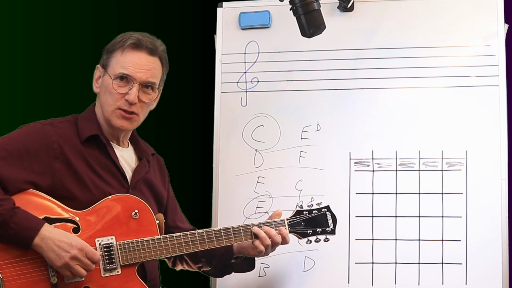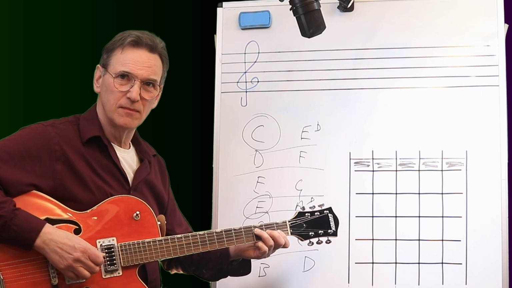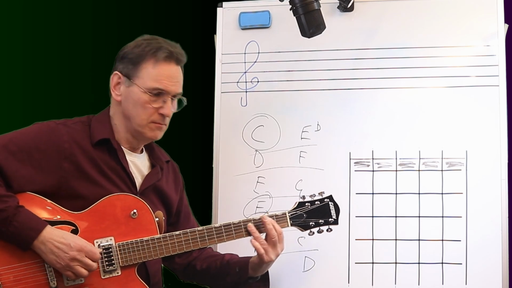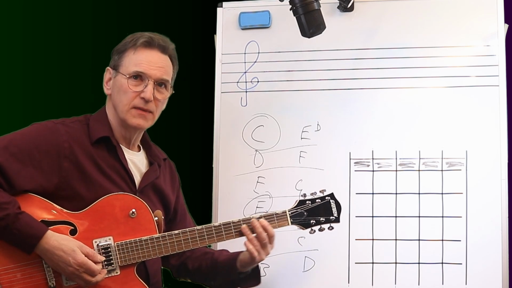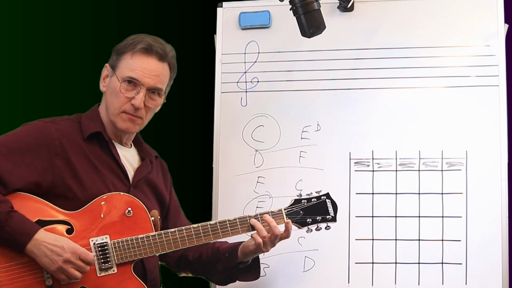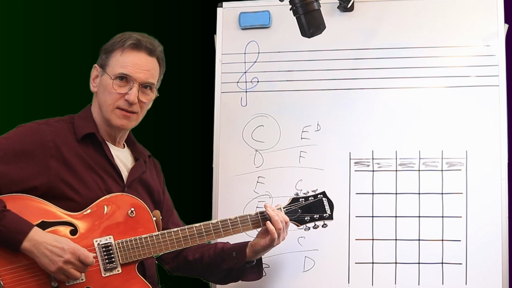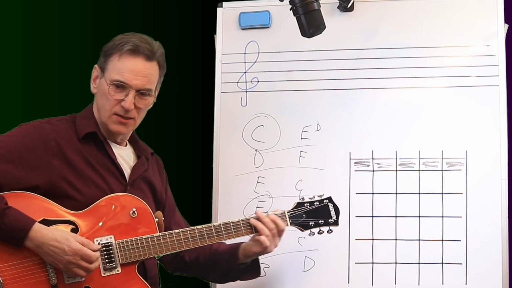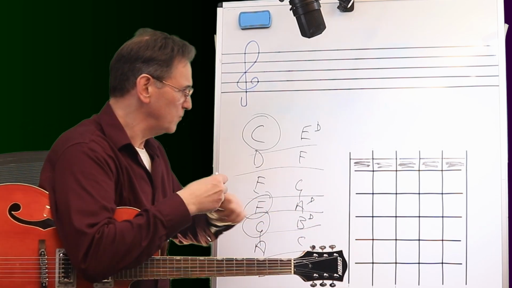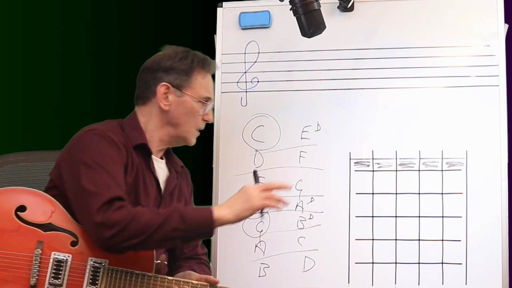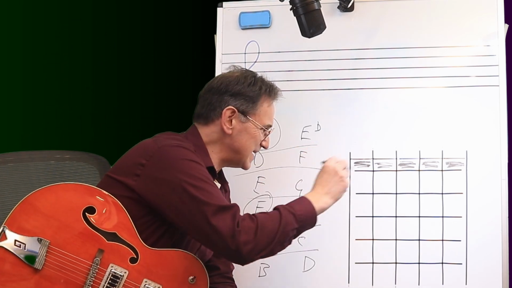So in this case, I'm going from this note, which is the F, 2 frets down to that one. So basically, here's kind of the formula.